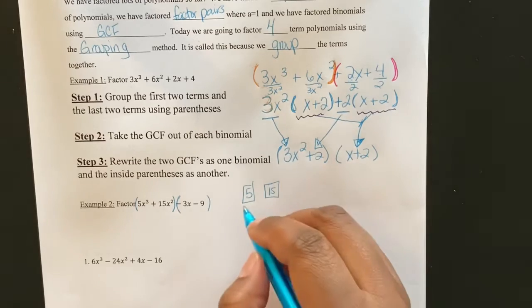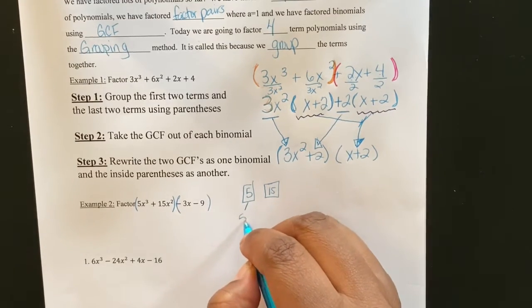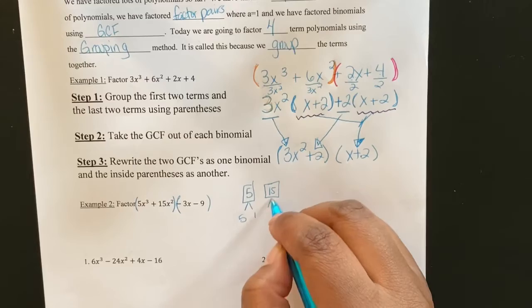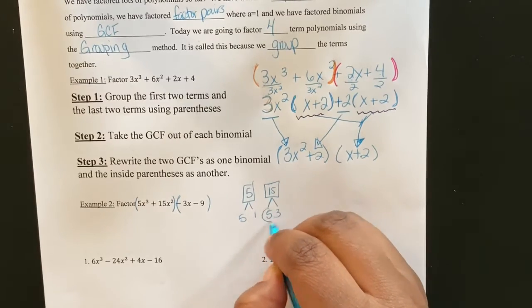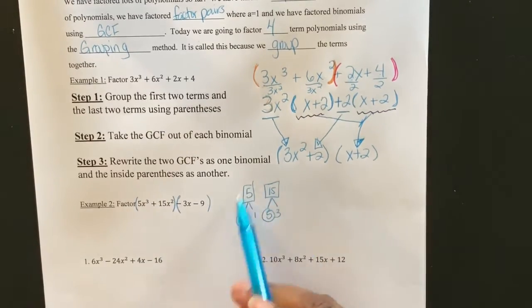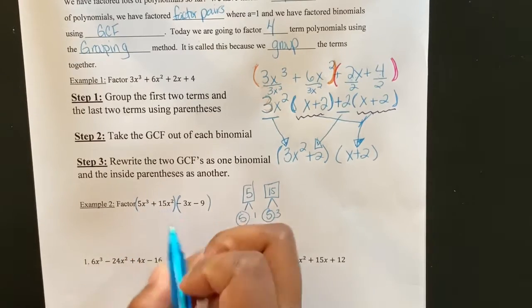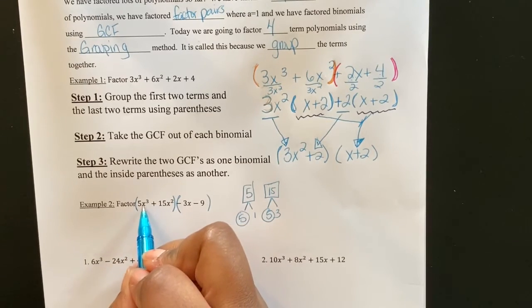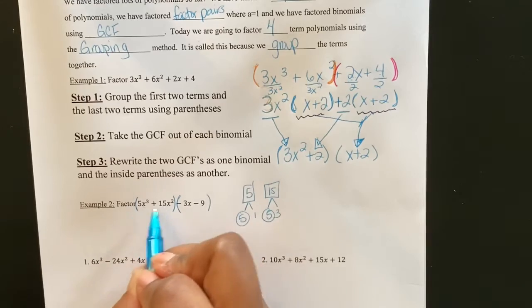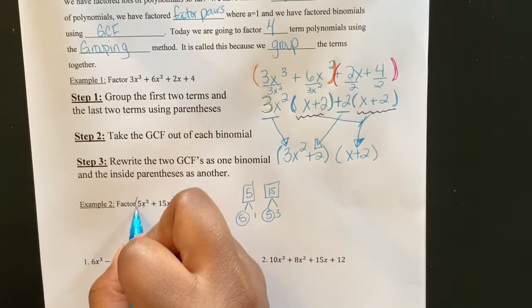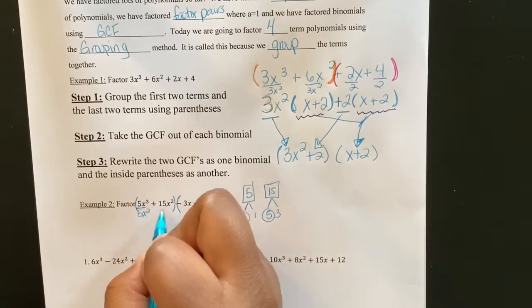Okay, the largest that they have in common is going to be 5. Now, if you don't need to do this, you don't have to do this. I'm just showing you that you can do the same thing we've been doing as far as factoring. Okay, so now we know they have at least 5 in common. Now let's look at the variables. They both have at least 2 x's. So they're going to have 5x squared in common.